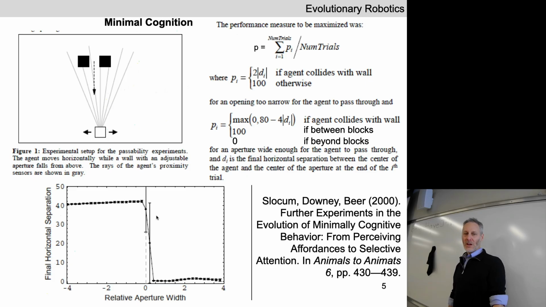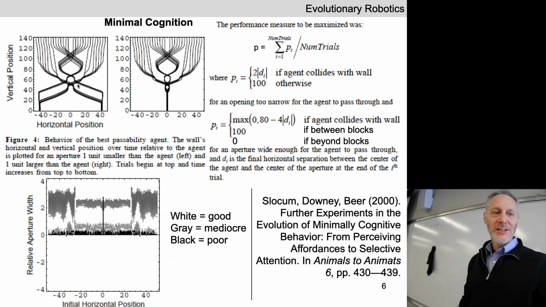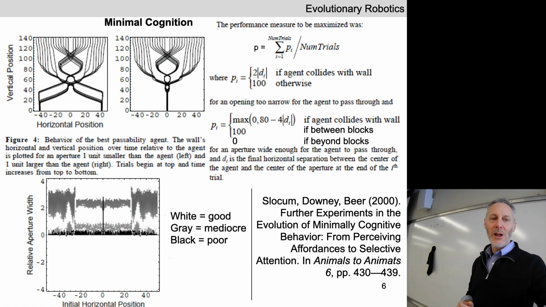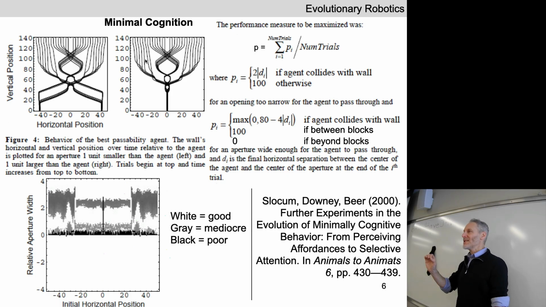Yeah? Okay. I love the minimal cognition experiments for lots of reasons. One of them is that they really get out the microscope and look at evolved behavior. So we're going to look in these two plots now at exactly the same C-tern, but we're going to zoom in on this sort of cautious behavior. How exactly is the robot moving, and how is it deciding whether the gap is passable or not?